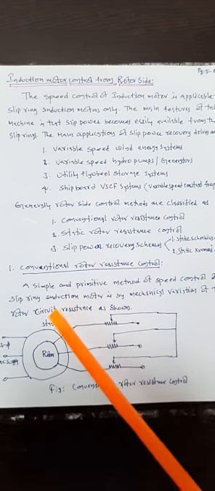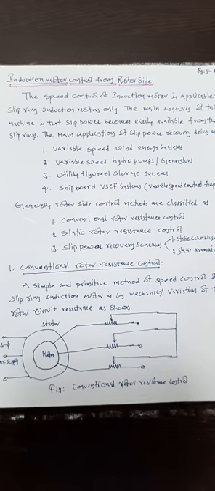In conventional rotor resistance control, the idea behind this method is based on the slip ring induction motor. What is the specialty of the slip ring induction motor? Its rotor has a winding, but in a squirrel cage induction motor the rotor does not have a winding, only copper or aluminum bars whose ends are short circuited.